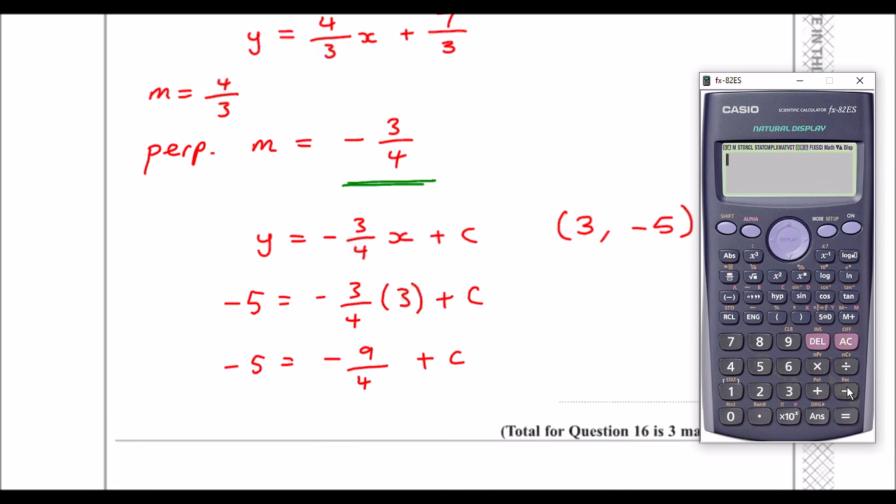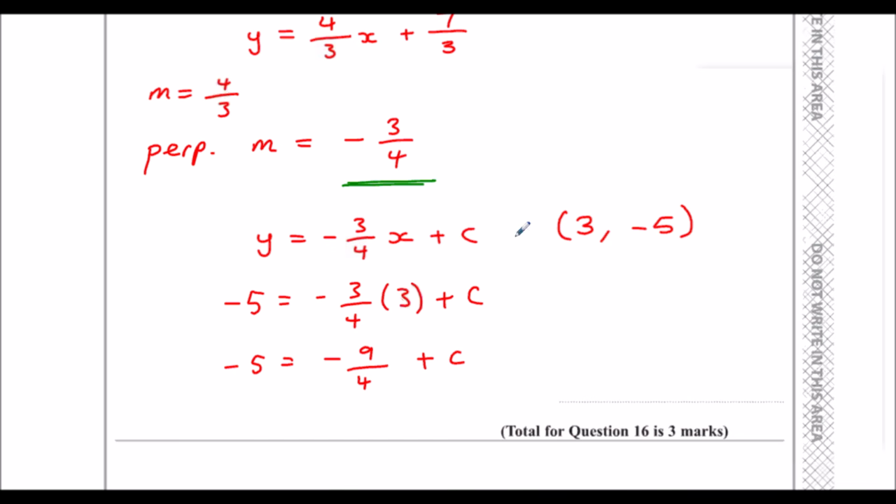So -5 plus 9/4. And that's -11/4. So that's the y-intercept. -11/4. So our line has the equation y equals -3/4 x minus 11/4.